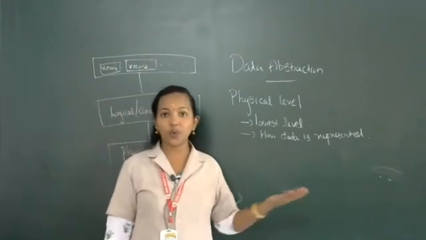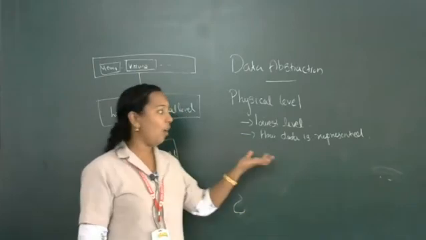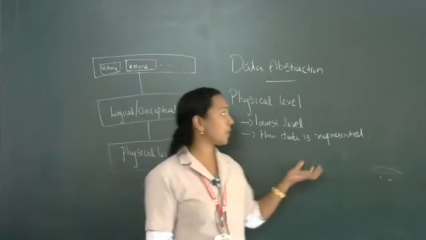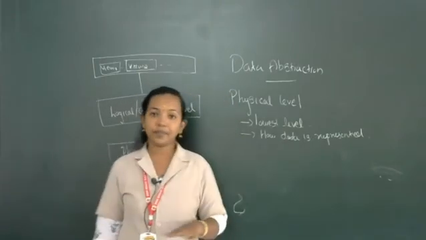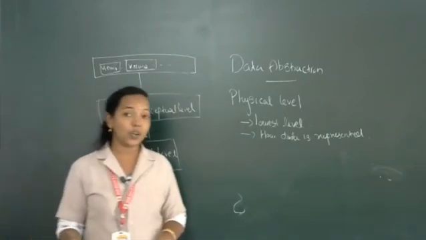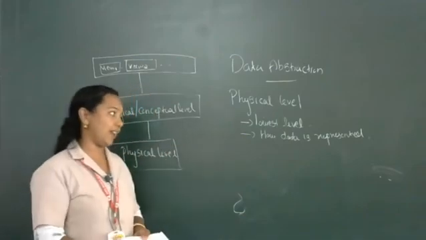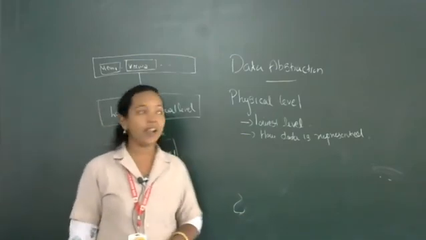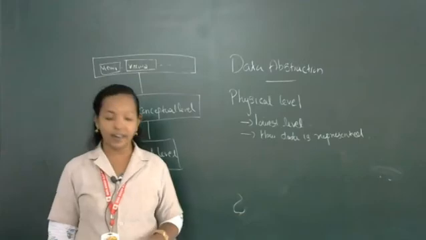It may be records, fields, files, whatever it is, all that information is present in physical level. So that is the speciality of physical level. Physical level is known as the lowest level of data abstraction and it specifies how data is represented.